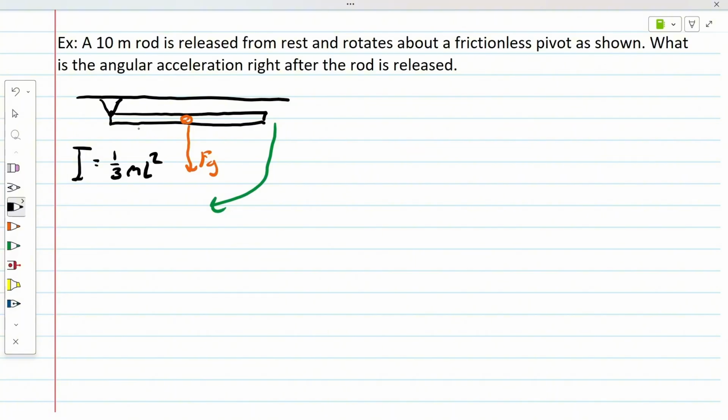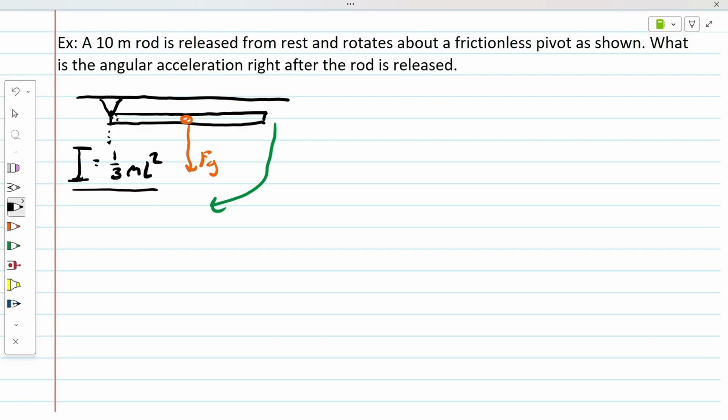That's the rotational inertia of a rod rotating about its end, because it's rotating around the end of the rod, not through the middle. So you would have to be given this or given something so that you could derive it. And if you want to see how we derive this, in a previous video where we talked about rotational inertia, we used the parallel axis theorem and derived it. It was pretty cool. So go back and watch that later if you want to see how we derive this, but for now it's just given.